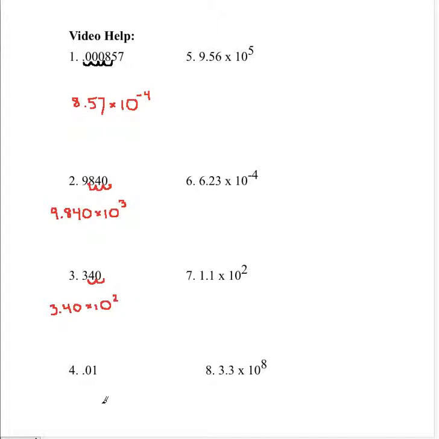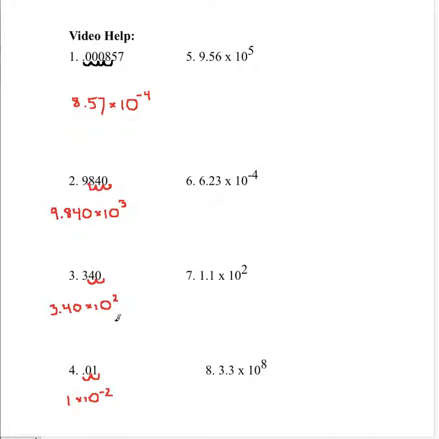Okay. For the last one, I'm going to move my decimal place over 2 places so that my coefficient is between 1 and 10. So it's going to be 1 times 10. Now, I took a small number, 0.01, and made it into a bigger number, 1. So this is going to be to the negative 2nd.